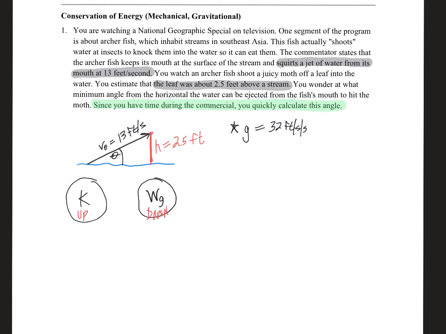And so it's just not simply half mv squared equals mgh. The v needs to be the initial speed in the y direction, because the work done by gravity is a force times a distance.